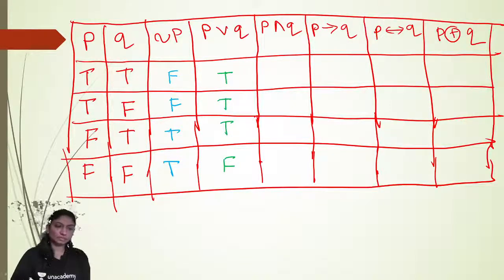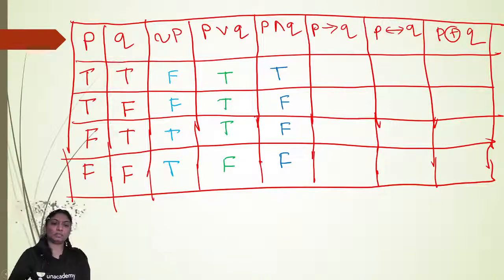Next, we will see here P and Q. If both of them are true, then only it is true, otherwise it is false, right?